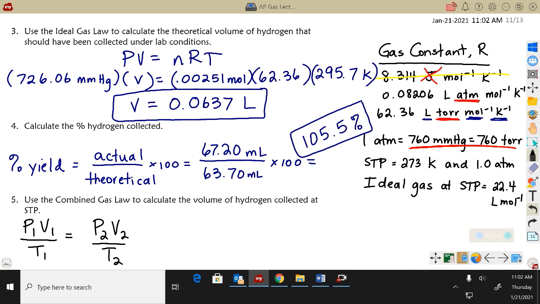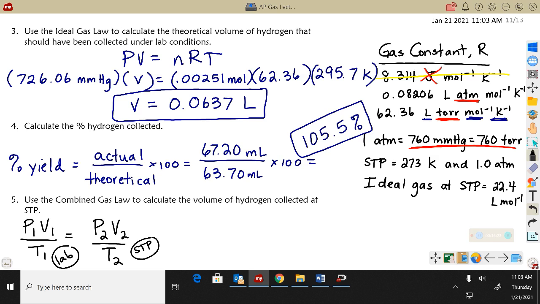And so here's what we want to do. We're going to use this combined gas law to calculate the volume of hydrogen collected if the lab room would have been at standard temperature and pressure, which it was not. So we're going to take the P1, V1, and T1 and set this equal to lab conditions. And then P2, V2, T2 are going to be conditions if we were at standard temperature and pressure.